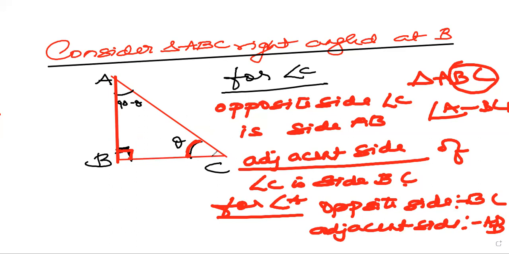So for an acute angle, you can easily see the opposite side and adjacent side. Let the right angle triangle be anyhow; you should be able to identify the opposite side and adjacent side.